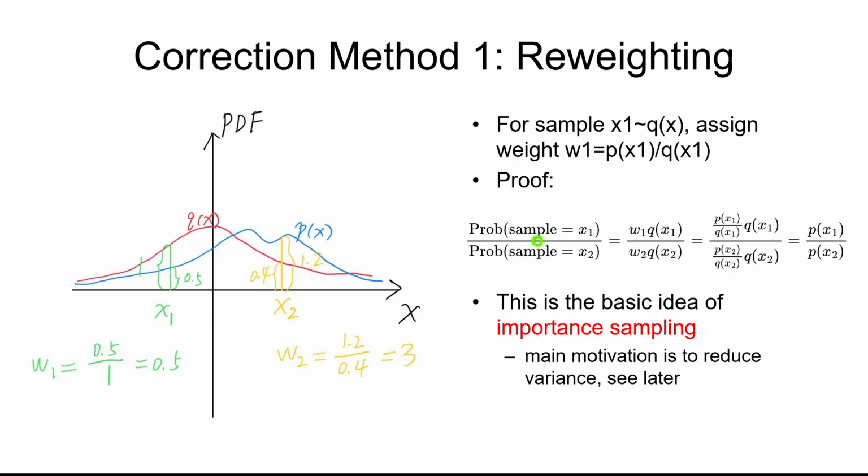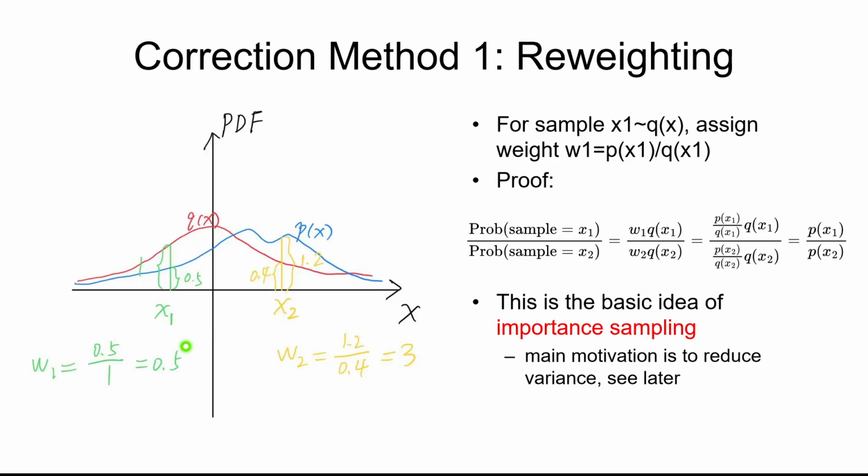The weighted probability of sampling x1 equals its weight w1 times the sampling probability of x1, which equals P of x1 divided by Q of x1 times the sampling probability Q of x1, which equals P of x1. Similarly, the weighted probability of sampling x2 equals P of x2. So we verify that this condition holds, which means that the weighted samples follow our original distribution P of X.